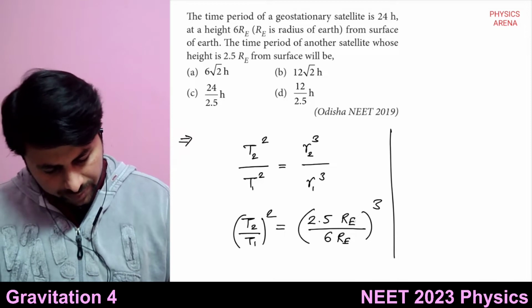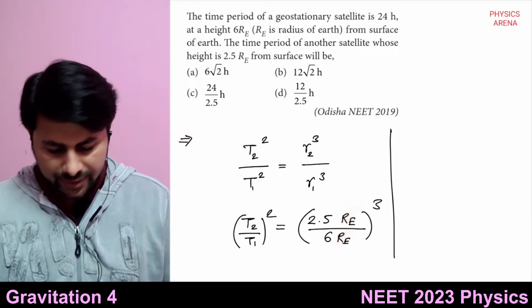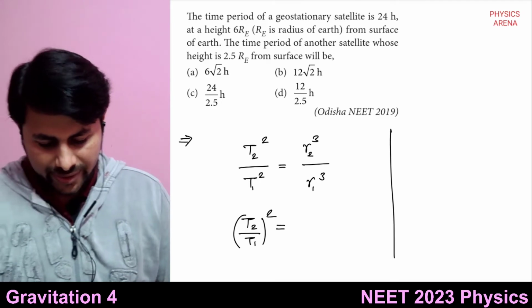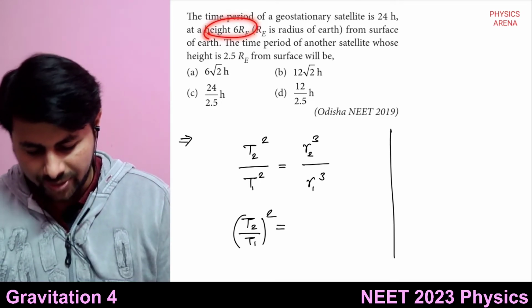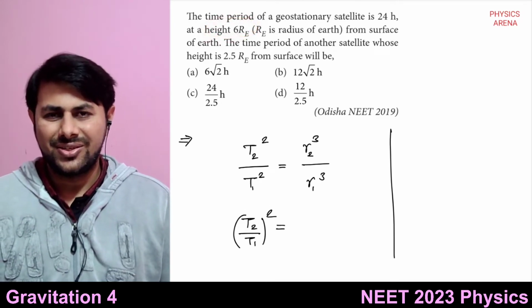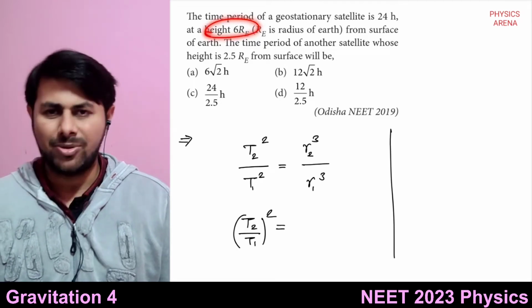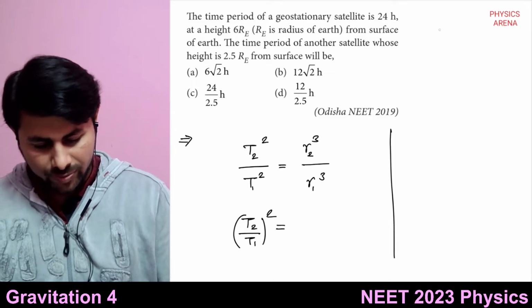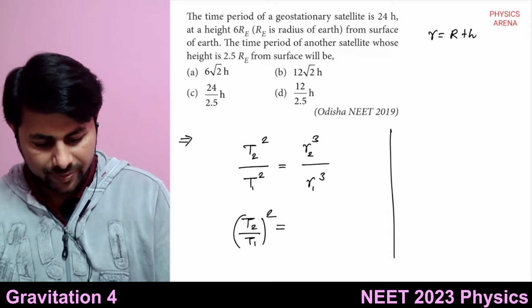Then RE and RE get cancelled out. Okay, so the thing that I have done wrong is this is the height above the Earth's surface, and this is not the actual radius. So we know small r is equal to capital R plus h.